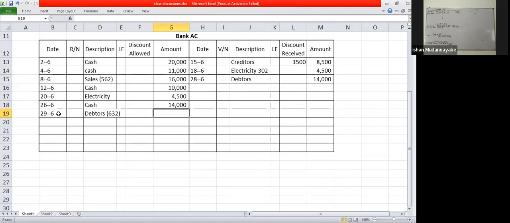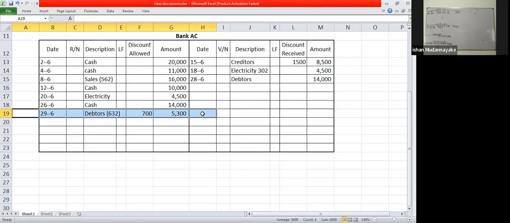The received check amount is 5,300 and the discount allowed amount is 700. Bank account debit 5,300, and then debtors account credit.